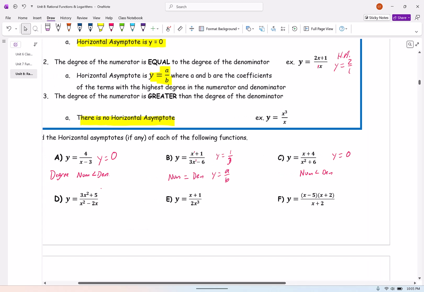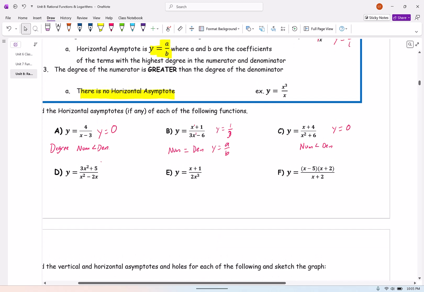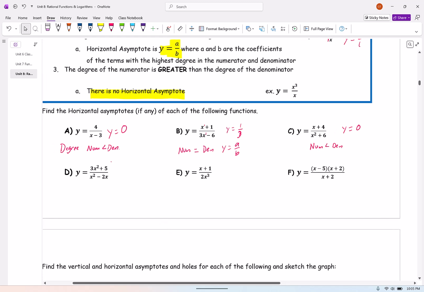All right, take a second, see if you can answer D, E, and F on your own before I go through them. See if they're starting to ring a bell a little bit for you. All right, so our degrees are equal.